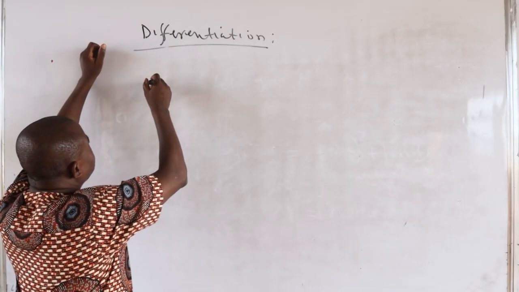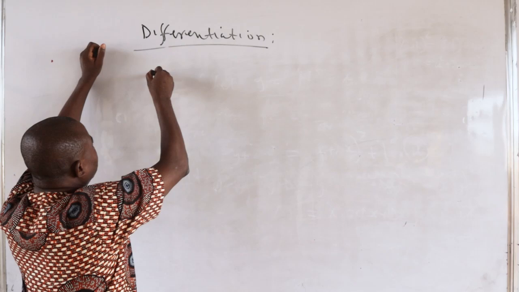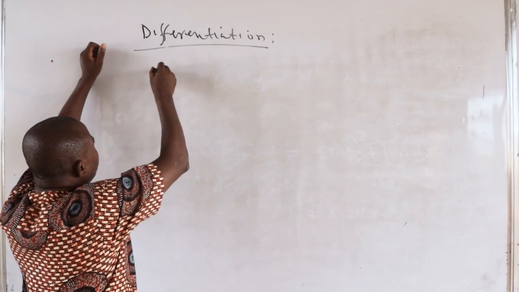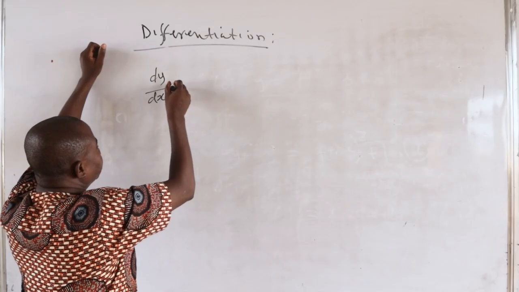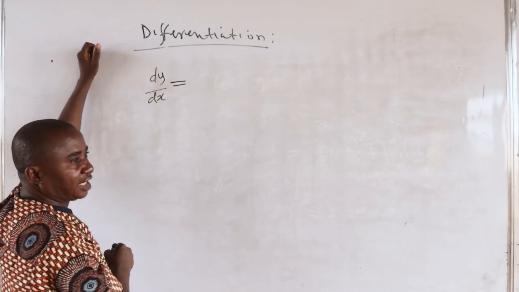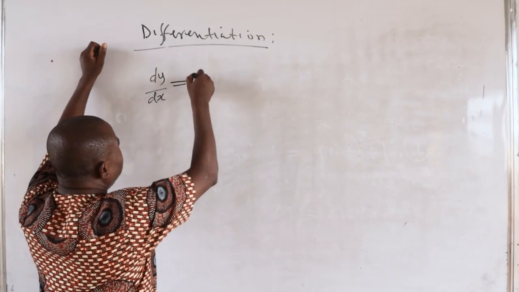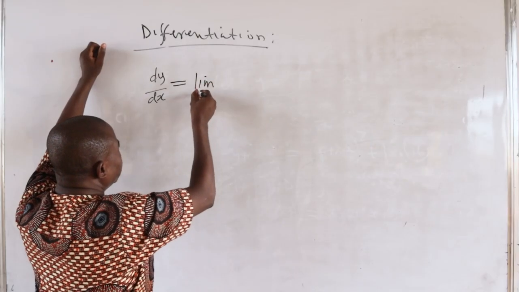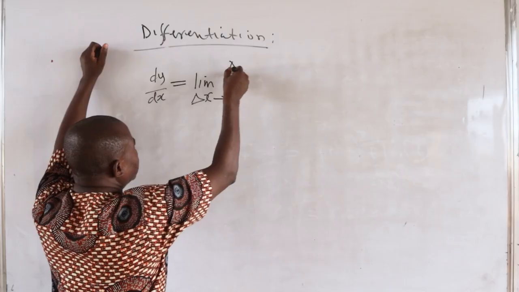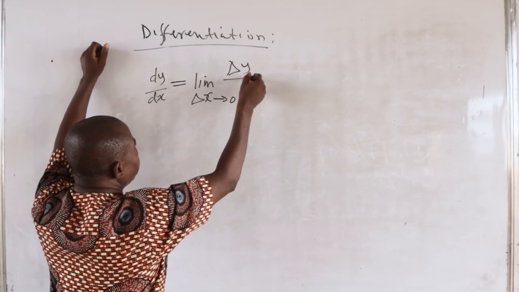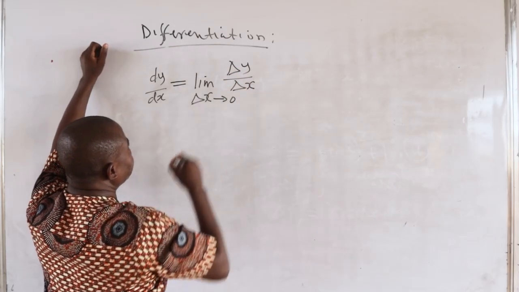So change in y with respect to change in x is 2x plus change in x. The convention is that I write dy by dx. This is, by definition, the limit as change in x tends to 0 of change in y by change in x.